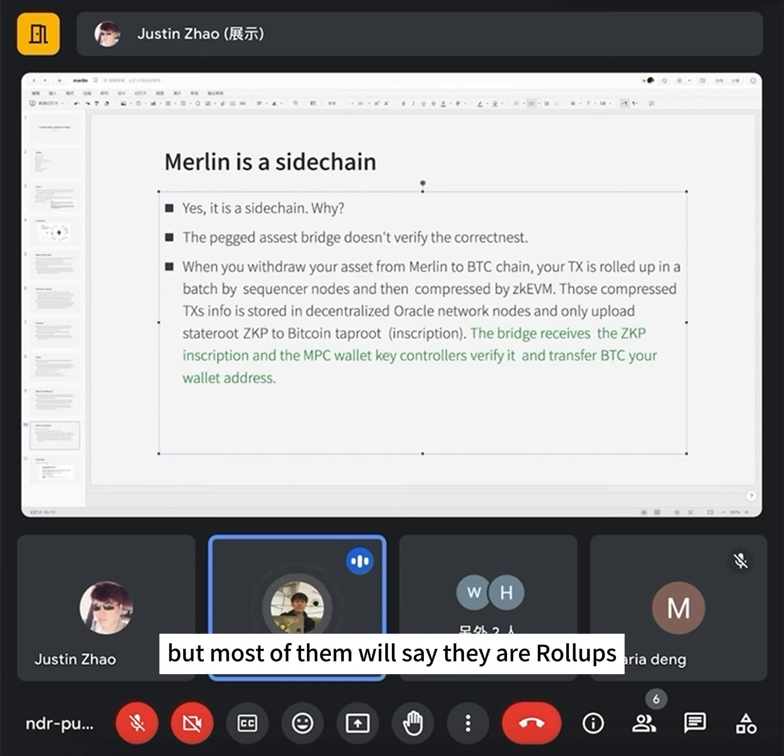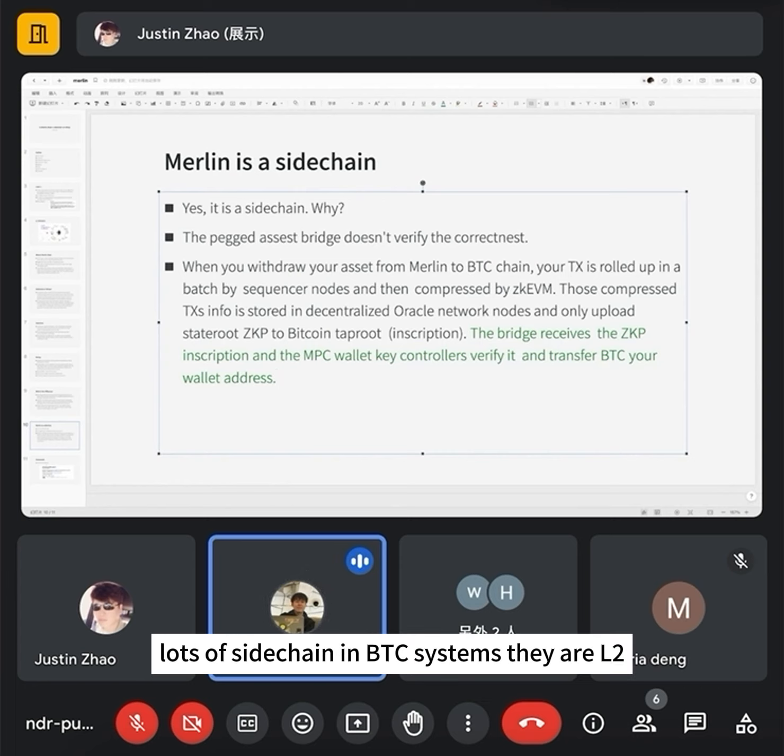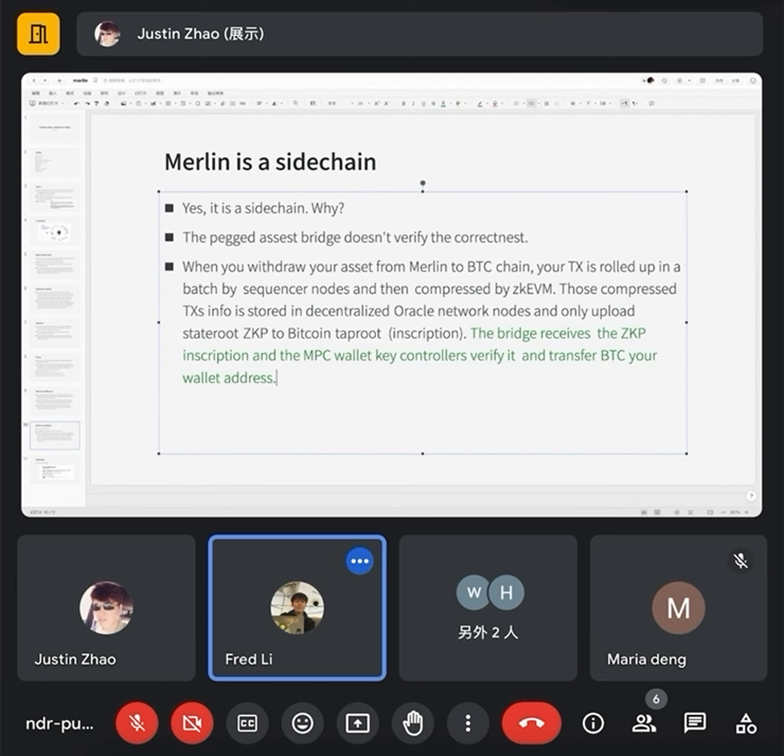Most of them will say they are rollups. So that's why Merlin Chain says they are rollups too. Do you think it's a common situation that lots of sidechains in the Bitcoin system say they are layer 2?